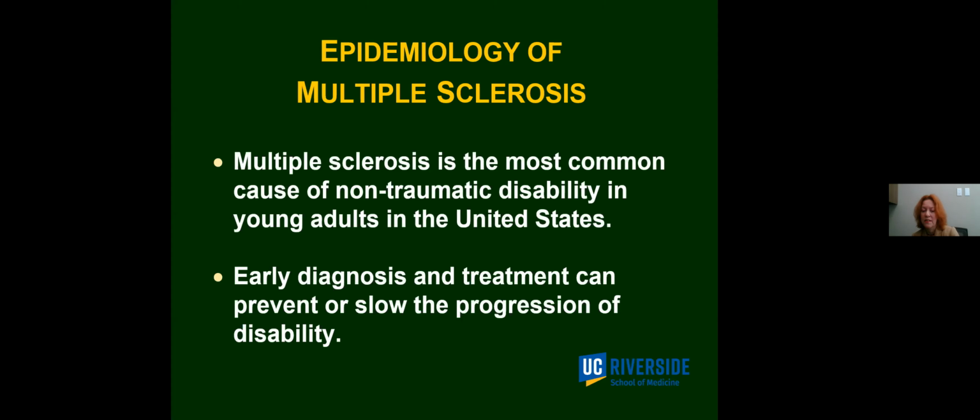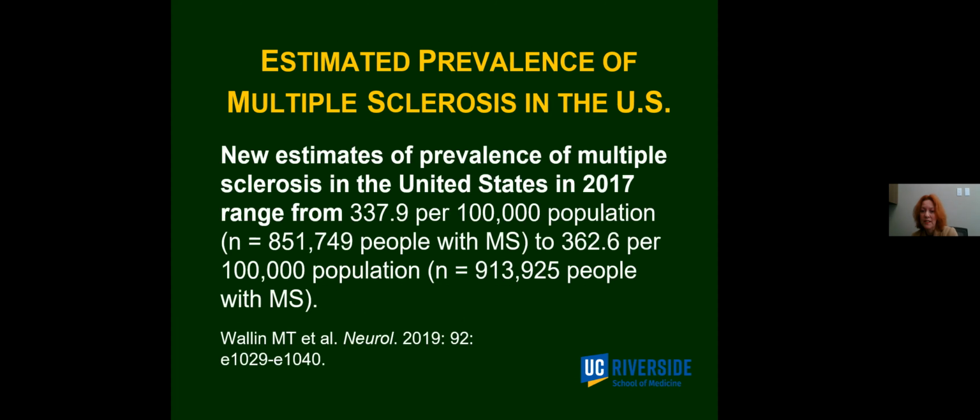The key point I'd like to emphasize today is that if we can diagnose MS early and treat it, that often helps to prevent or slow the progression of neurological disability. That's the goal. Everyone wants to have as little disability as possible. But if you do have neurological disability from MS, the other important goal is to learn to deal with it and manage symptoms so you have the highest possible quality of life. A lot of advances have been made in all of these areas recently, so there's a lot of reason for hope and optimism for the future.